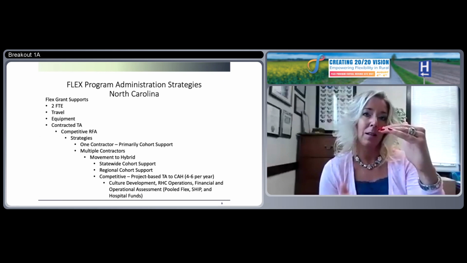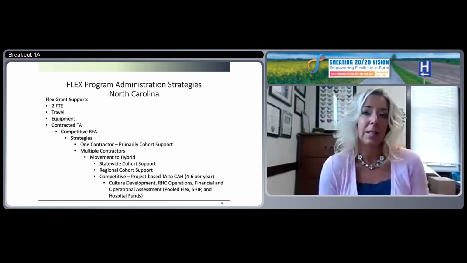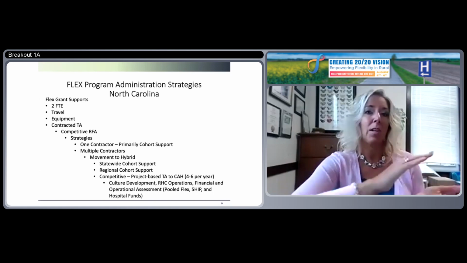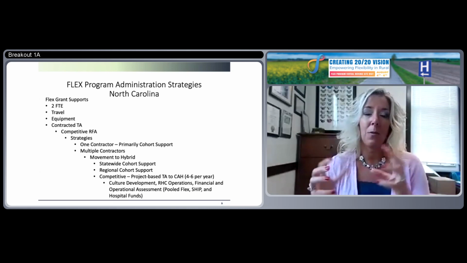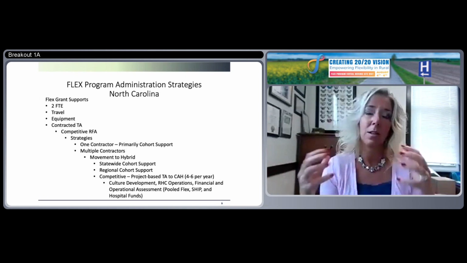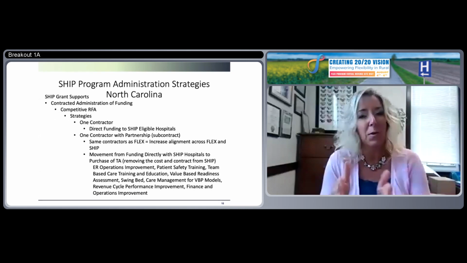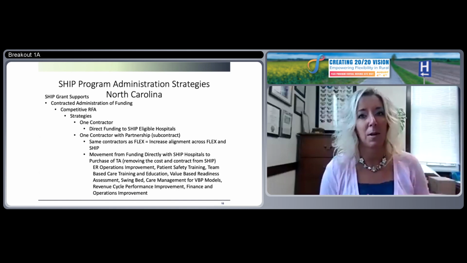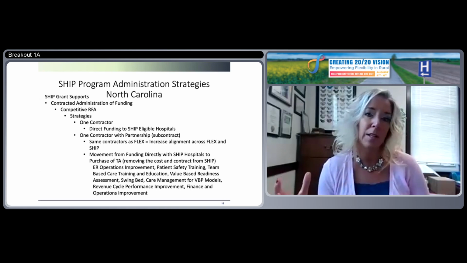Then we have the individual TA work, which only involves 4 to 6 calls where they're working on something specific to them. With SHIP, the way we've done it in the past is every call has had its own $10,000, and we've encouraged the SHIP eligible hospitals to work together as much as possible, but frequently it would be $10,000 to each of the hospitals, unless you were owned by a system that kind of forced you to pool your funds together.